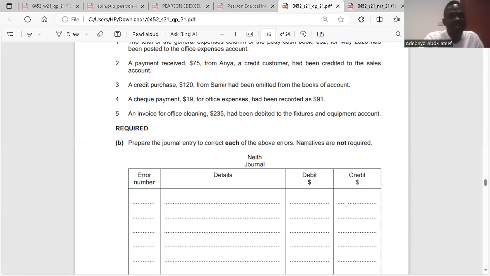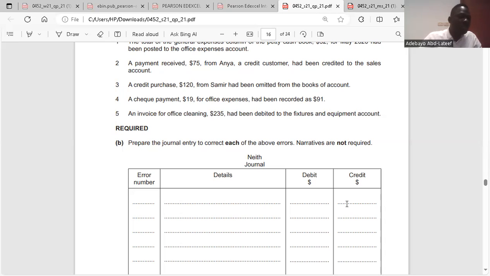If it is an error of original entry, it does not affect the trial balance. This is an arithmetic error, so this will affect the trial balance. 19 for 91 is an arithmetical error.